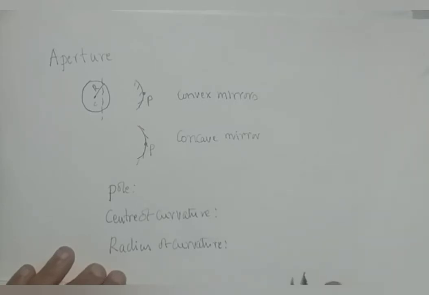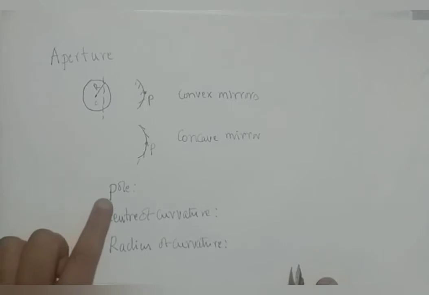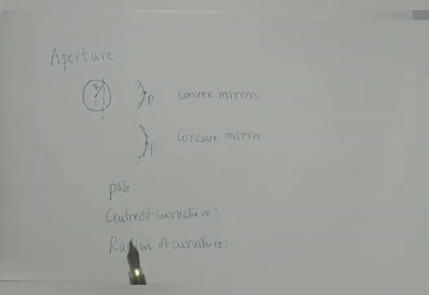So, we will go over the definitions once again. What we learned here? The pole: it is the geometrical center of the aperture. Center of curvature: it is the center of the sphere of which the curved surface forms a part. Radius of curvature: it is the radius of the sphere of which the curved surface forms a part.